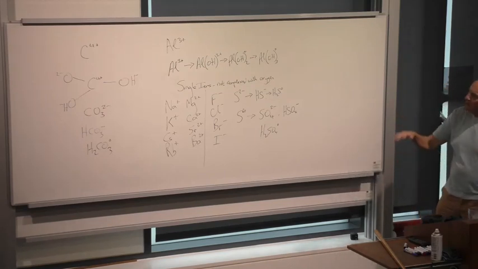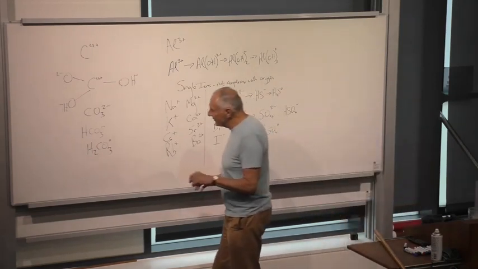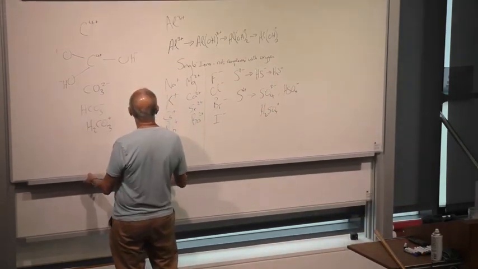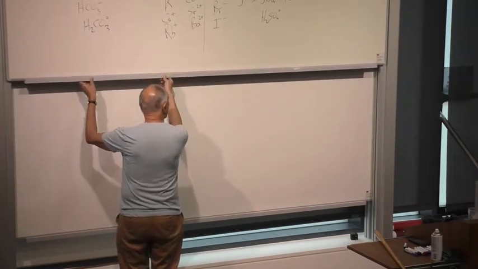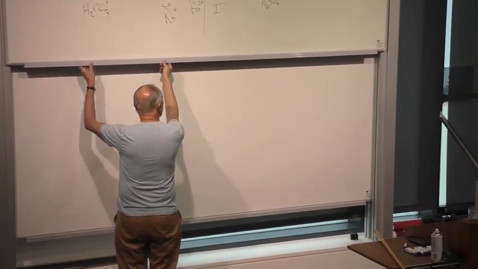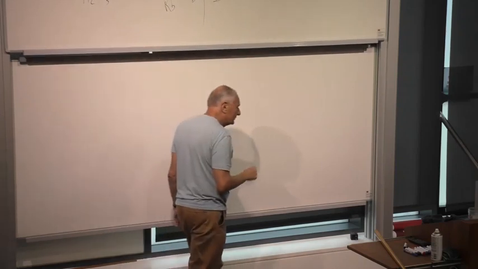All of these we're going to treat with our infinite dilution standard state. And what I'm going to do now is I'm going to think about a nice simple weathering reaction. Let's suppose that you have a potassium feldspar, say, and that's being weathered.